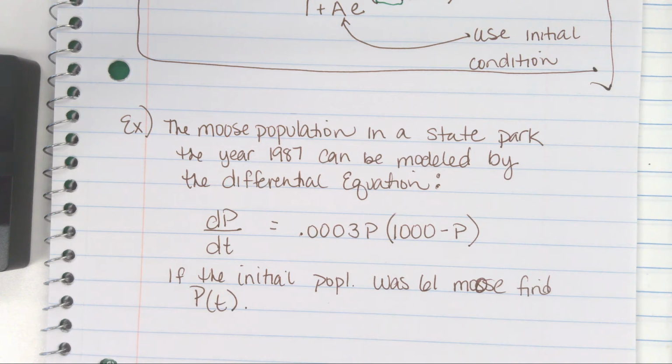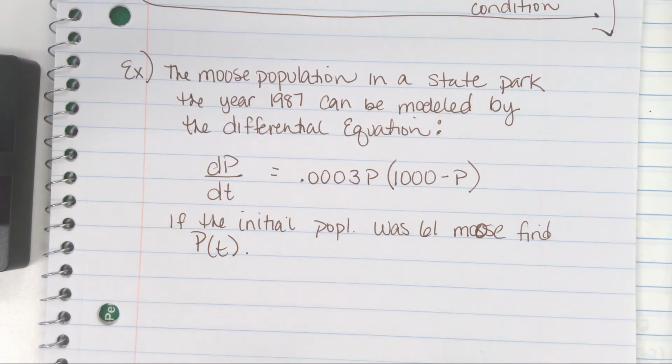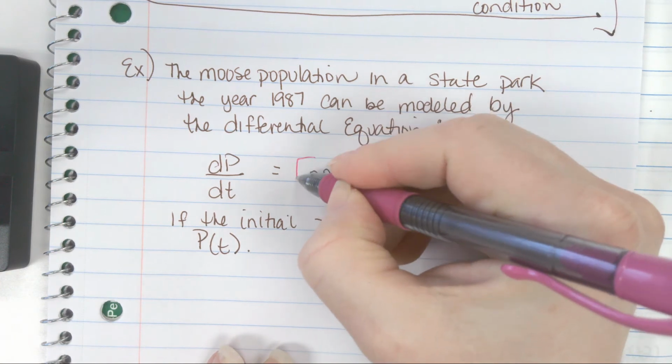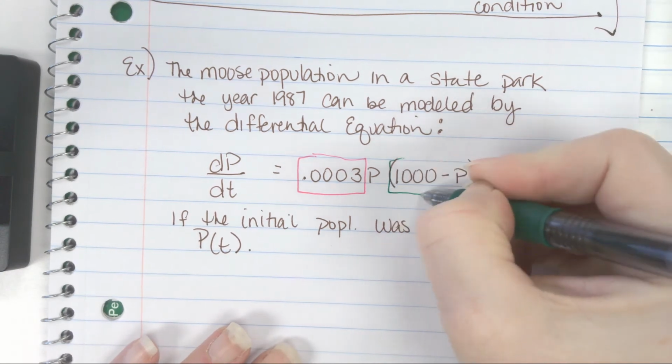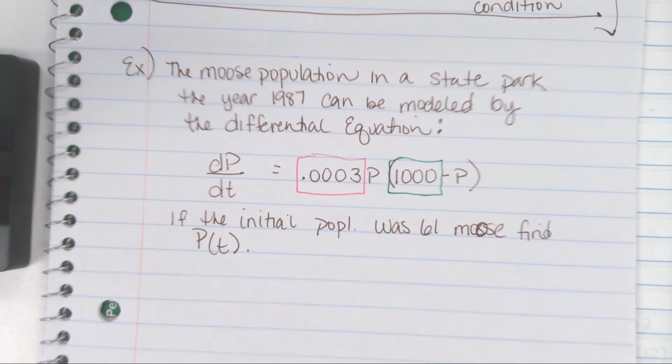If the initial population was 61. So what I'm going to do is highlight the things from above that are important, and put those two things in the appropriate spot in the equation.